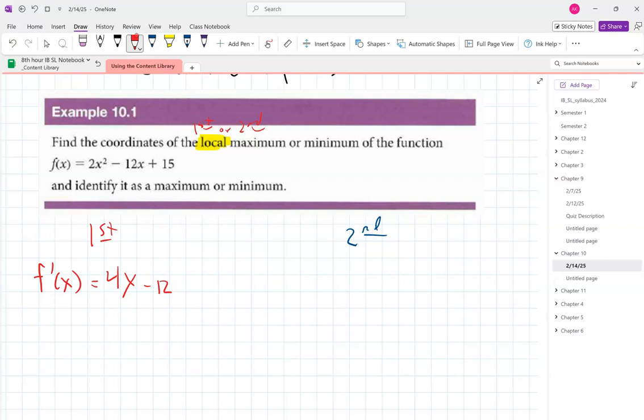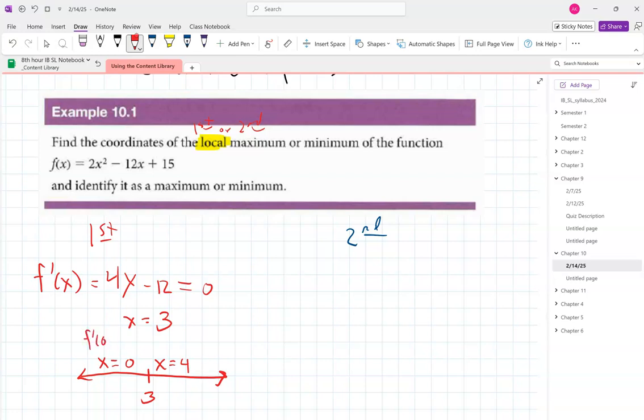No. It's a polynomial, and polynomials are continuous everywhere. All I have to do is worry about where it's equal to 0. When I solve that, we get 3. Everybody feel good there? So to decide whether this is a maximum or a minimum, I'm going to pick a value on either side of 3.